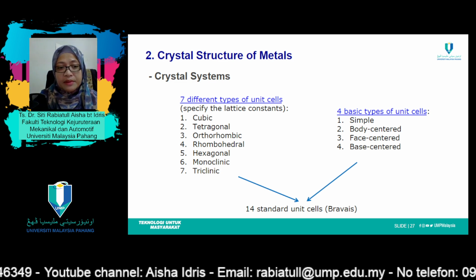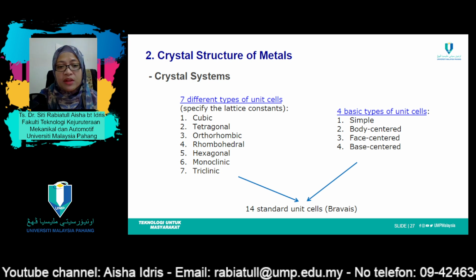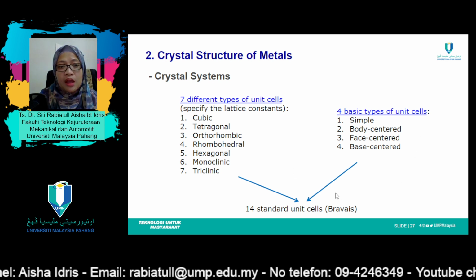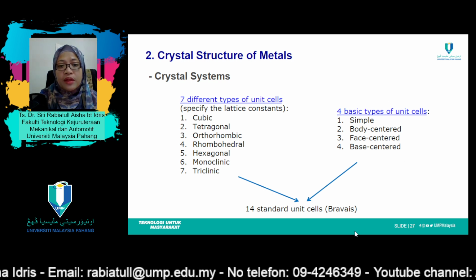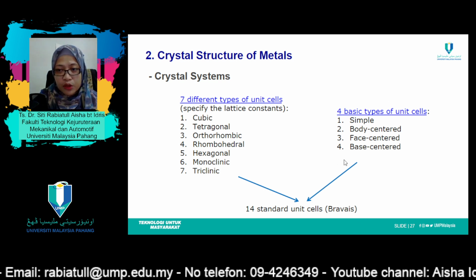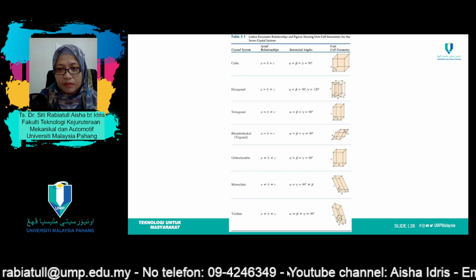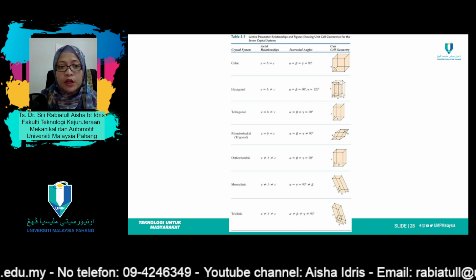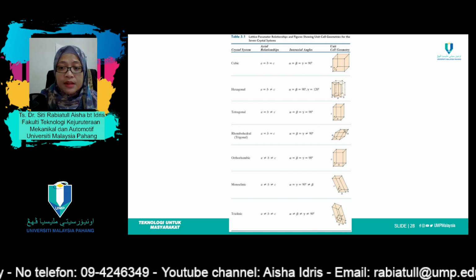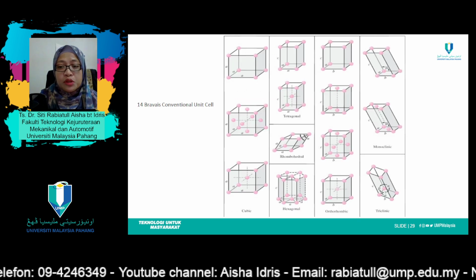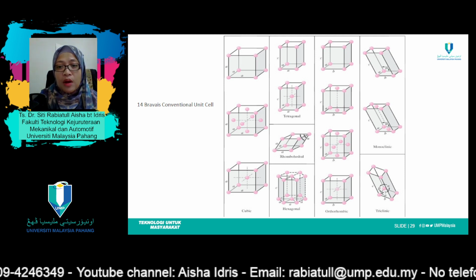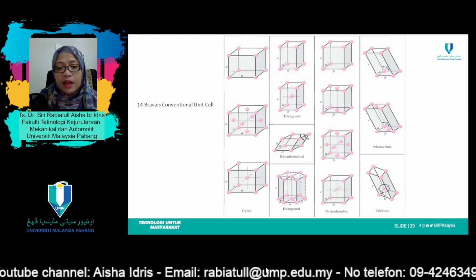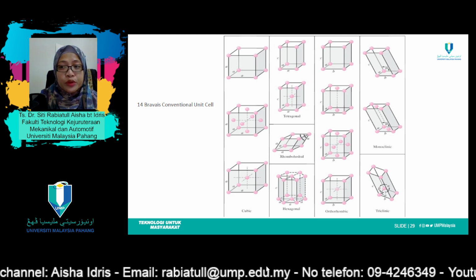Out of the 14 types of Bravais lattice, some 7 types in 3D space are also listed over here, and the others are the basic types of unit cell. This is the illustration for those crystal systems just now, and same goes for this one. Basically, you may find all these 14 Bravais conventional units in the textbook that have been proposed to you before.